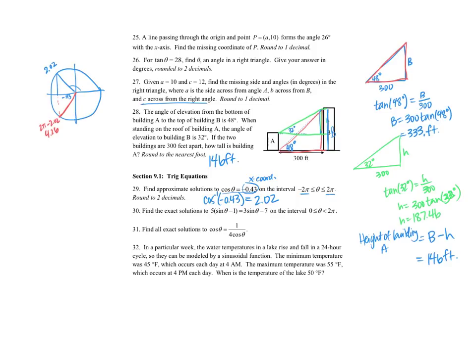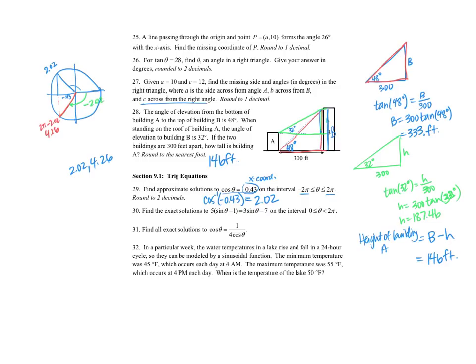I want to do everything between negative 2 pi and 2 pi. So I have two positive angles: 2.02 and 4.26. And then if I go backwards, what is this angle if I go backwards? That's negative 2.02.